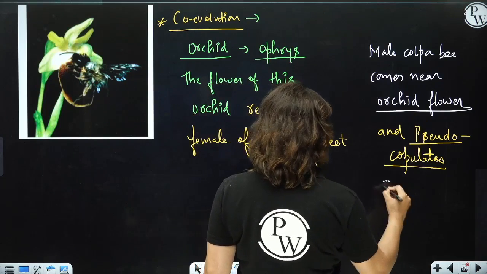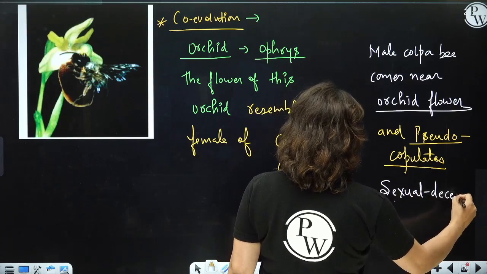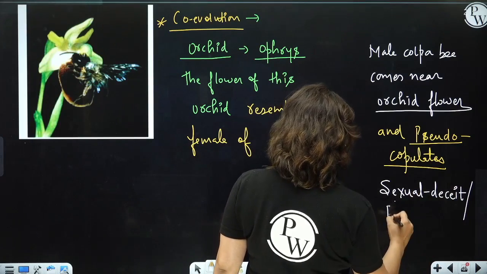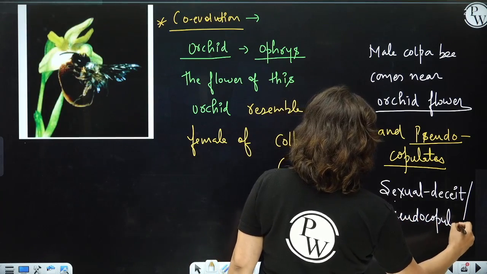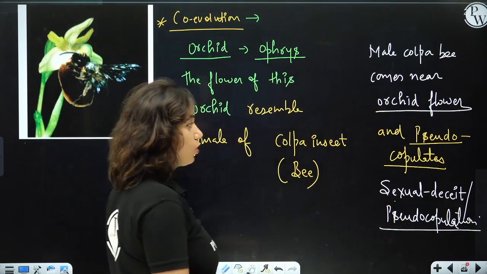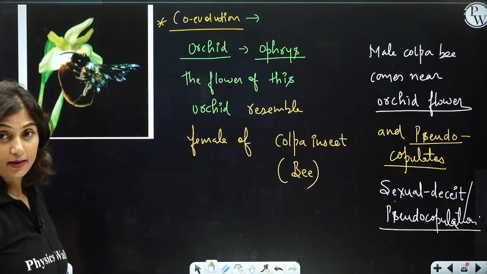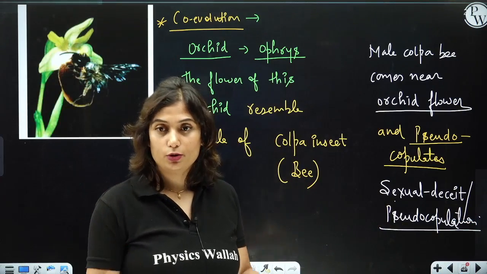So it is a case of sexual deceit or pseudo-copulation, where the insect is not getting any floral reward for pollination. Okay, so it is not an example of mutualism, it is an example of co-evolution.